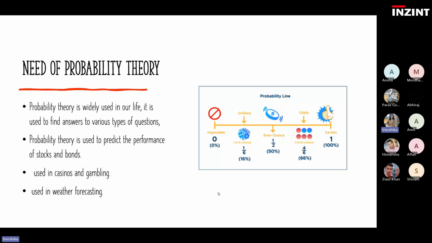Also in casinos and gambling, probability can be used, and people also use it to predict the performance of stocks and bonds. Many companies who want to calculate their daily profit or loss, and compare it day by day, also use probability theory and statistics to know about their profits and losses.